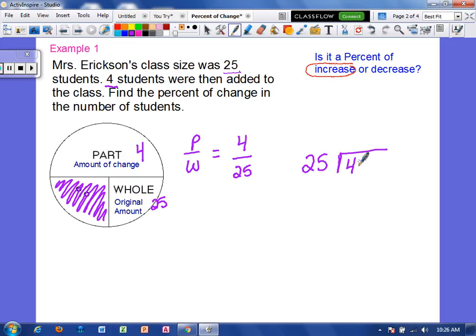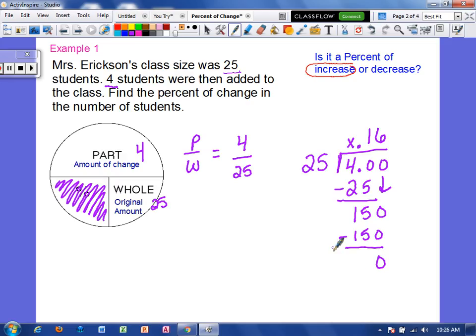25 cannot go into 4, so I'm going to add a decimal and a 0. 25 goes into 40 one time, and we get a remainder of 15. So we're going to add another 0. And 25 would go into 150 6 times, and that comes out to 150, and we get a remainder of 0.